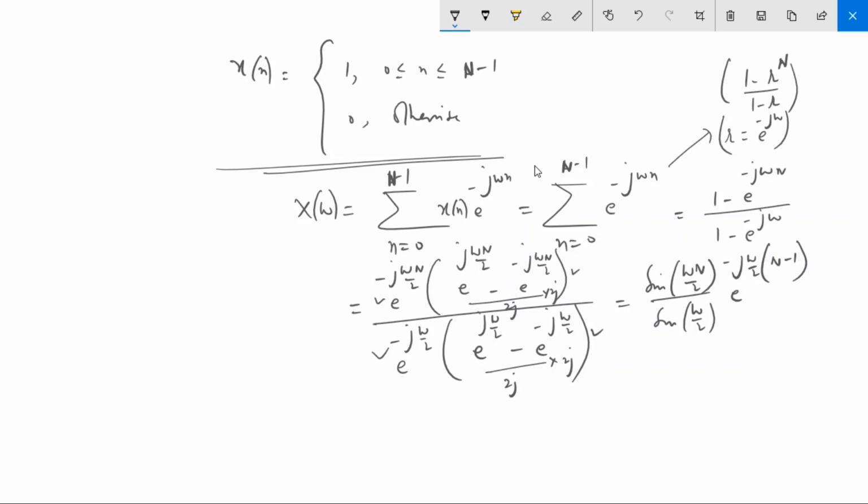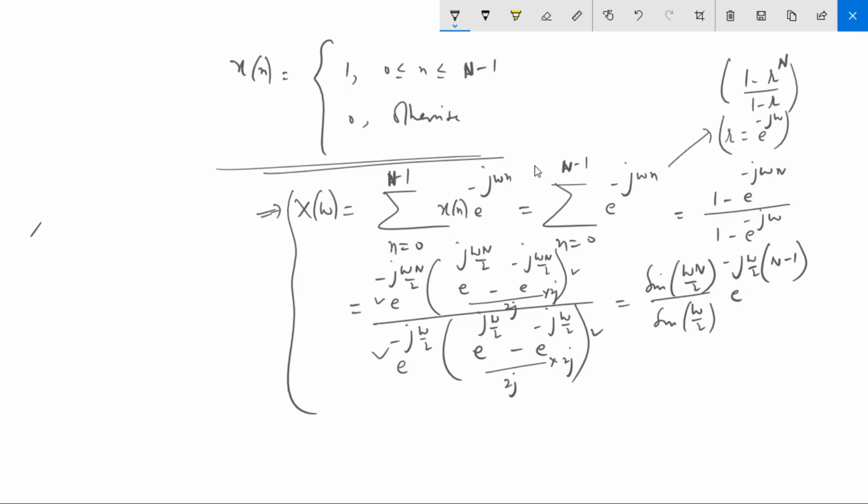So this is the DTFT of this sequence, discrete time Fourier transform. If you want to find its DFT, what you have to simply do is replace omega with 2 pi k by N, assuming that you are taking N samples, and this N in this case is just equal to the length of the sequence.